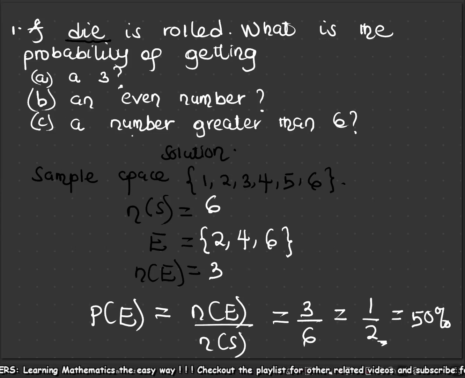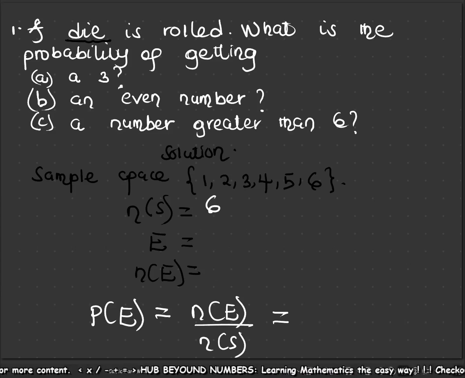Right? Now, the last one says a number greater than 6. What is the probability that we are going to get a number greater than 6? Using the same preamble, we still see our sample space is what we have here. The number of elements we have in the sample space is 6. Now, the event: from our sample space, how many numbers do we have here that are greater than 6? There's actually none.